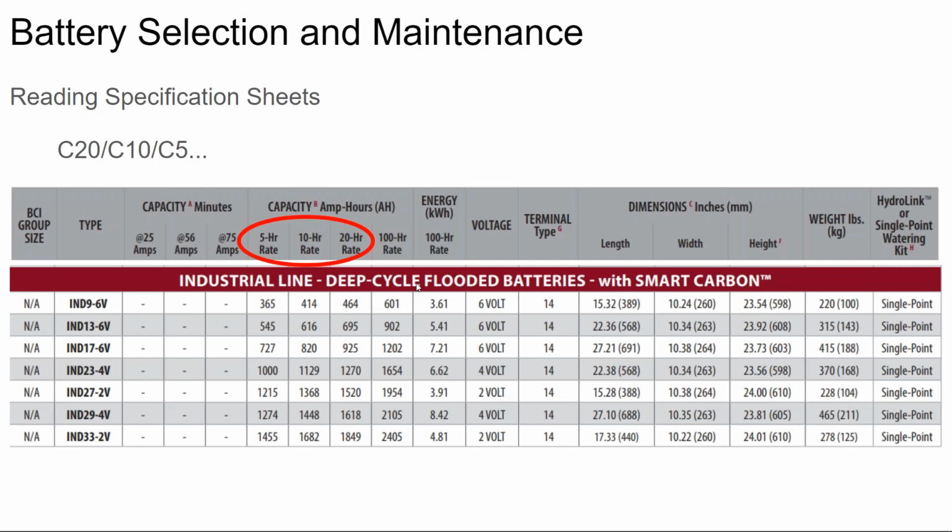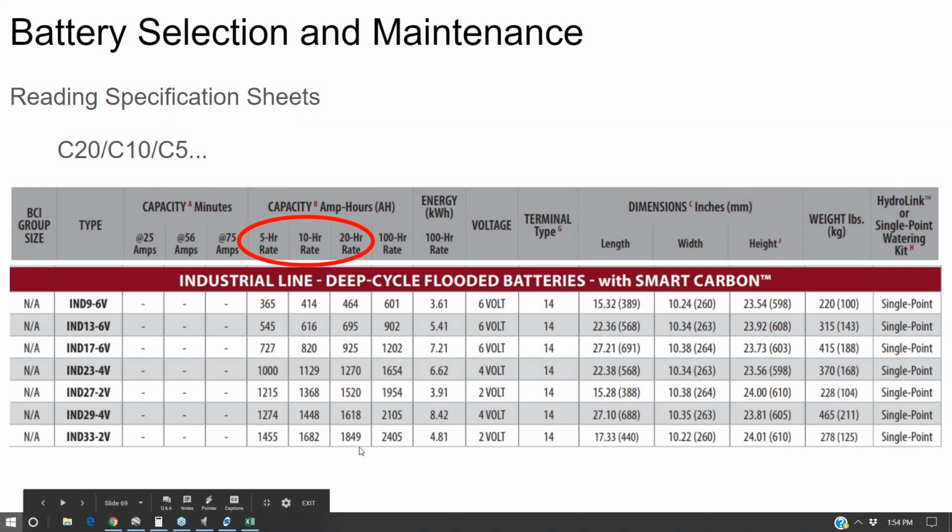So now we're finally on this, what does the C20, C10, C5 stuff mean? And what we can see from the spec sheets is that within the battery product line, we have an amp hour rating if we were discharging the battery over 20 hours. That's on this bottom one, 1850. If we sped up the rate of discharge and fully discharged over 10 hours rather than 20, we would only get 1,682 amp hours out of it.